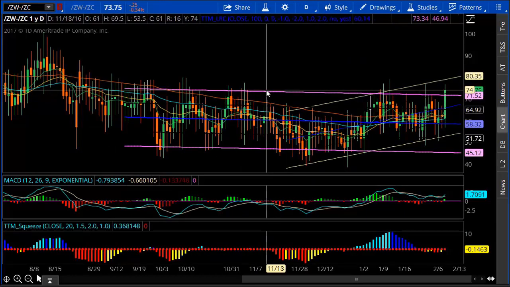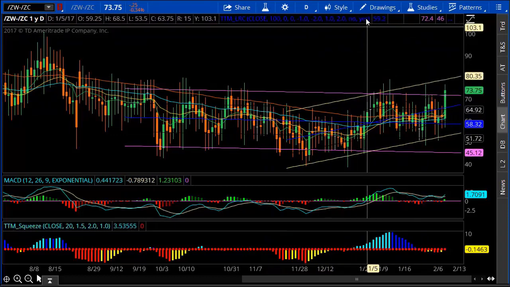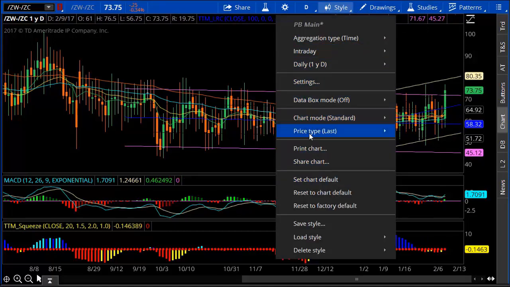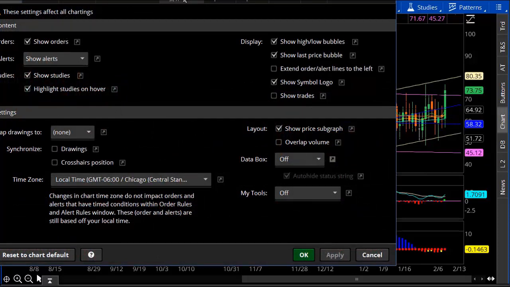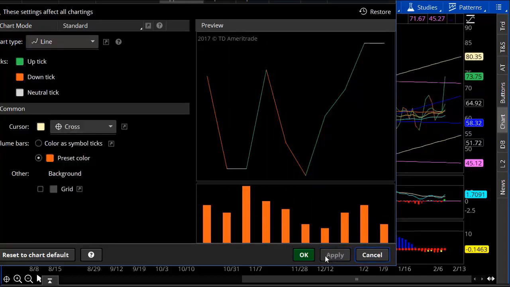We had a crop report today, and I'm going to show this. Let me find it. Let me go and change it real quick to a line chart. And that's what you want to take a look at. In appearance, not candles. You want a line. Apply. Okay.